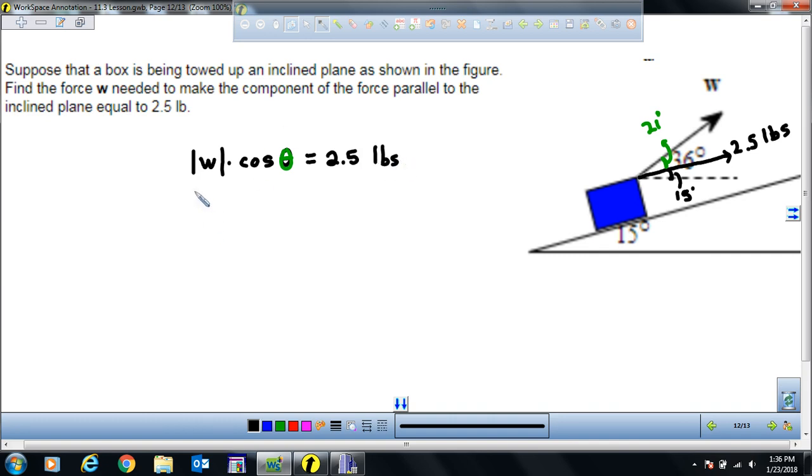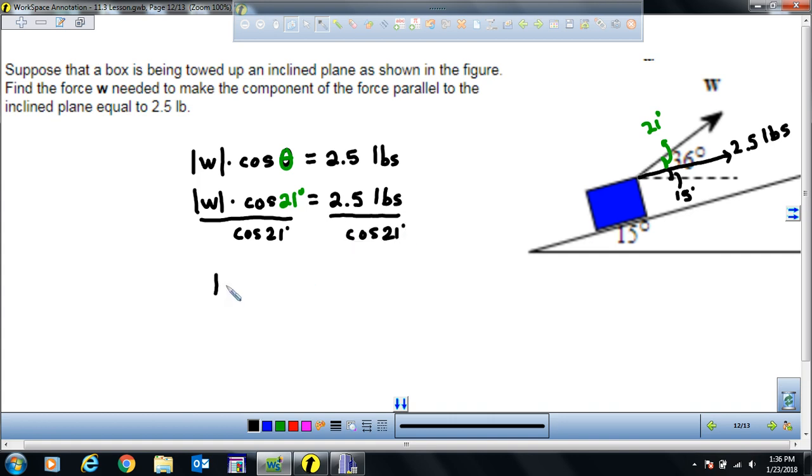So all we gotta do, we already know the angle is 21 degrees. So that's cosine of 21 degrees. That means the magnitude of this vector W times the cosine of 21 degrees equals 2.5 pounds. So how do we solve for this? We just need to divide by cosine of 21 degrees to solve for the magnitude of that vector W, and that's what we're looking for.